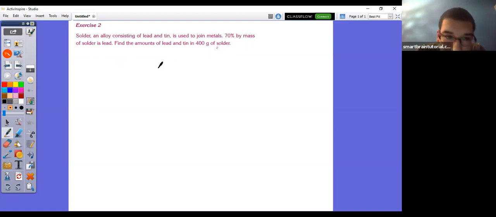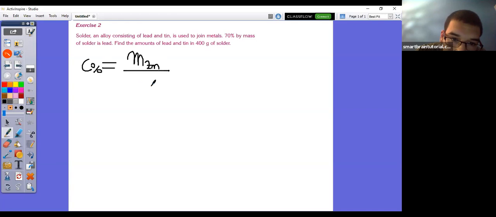Now, firstly, let's find the mass of lead in this alloy. Look, mass percentage concentration is the mass of lead over the mass of alloy, the mass of solution, times 100%.